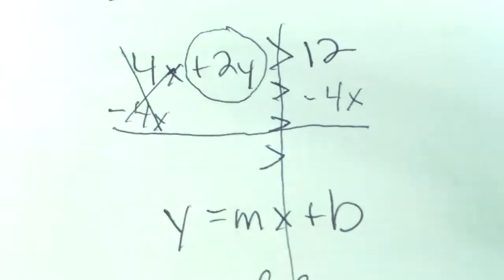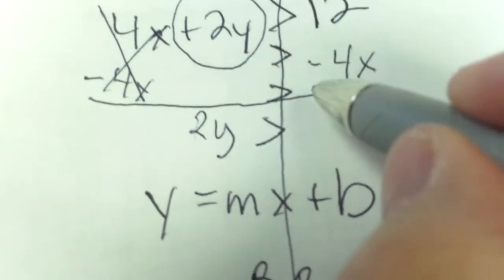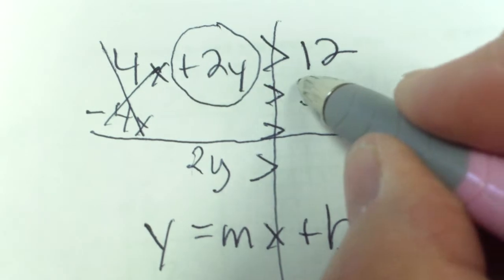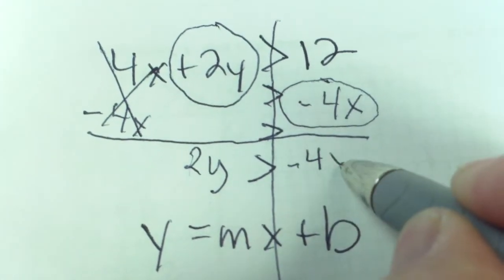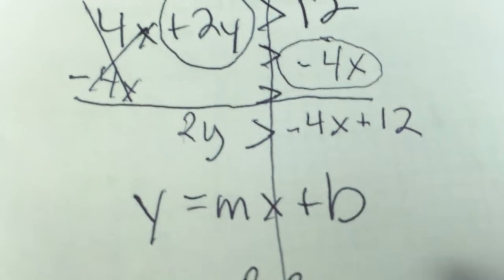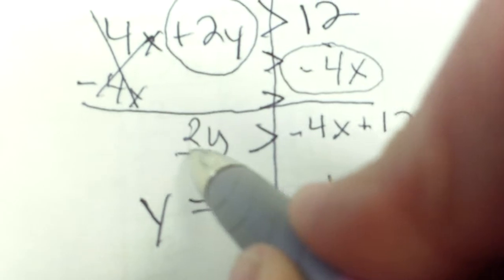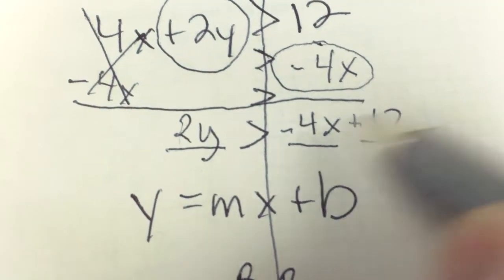They're out of here. I have 2 y's left, and on my right hand side I have negative 4x and positive 12 that are not like terms, so they can't combine, so I'm going to bring them down separately. Now I want to get y alone, so I'm going to divide every stinking term by 2.